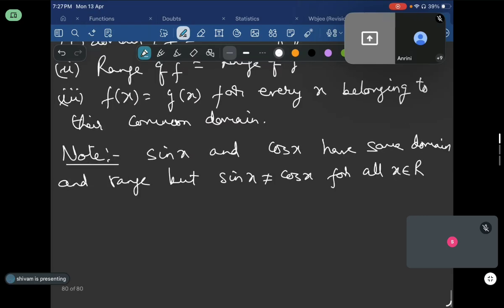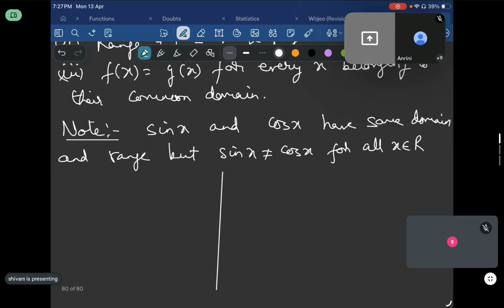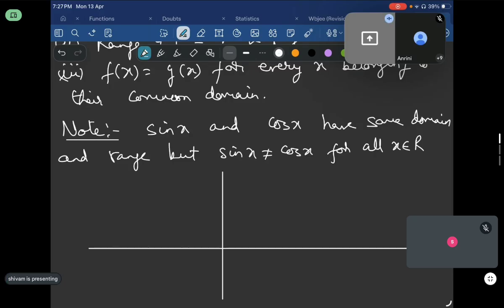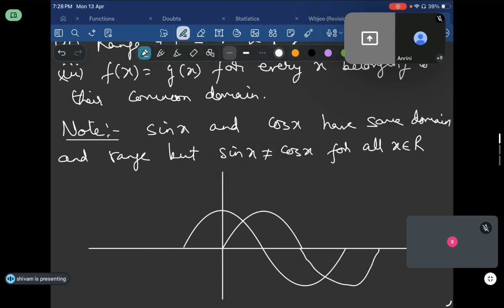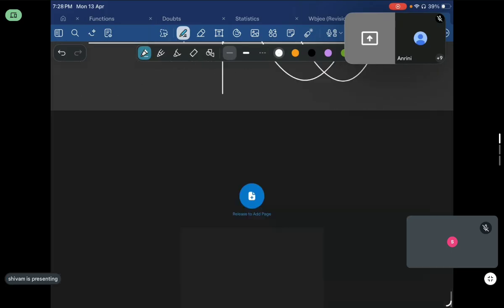See, this is the graph of cos x, sorry, and this is the graph of sin x. So see, their domain is the same, their range is the same, but their functional values are not the same. They are equal only at some specific values of x.